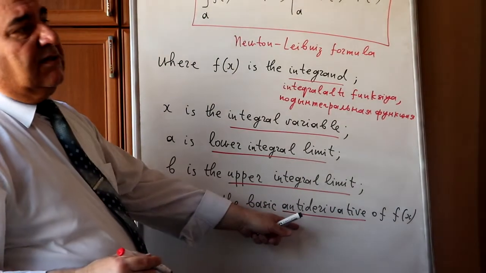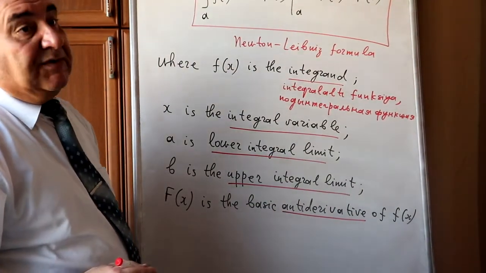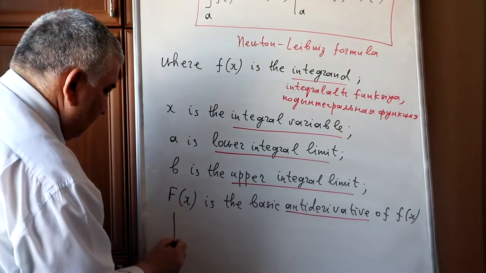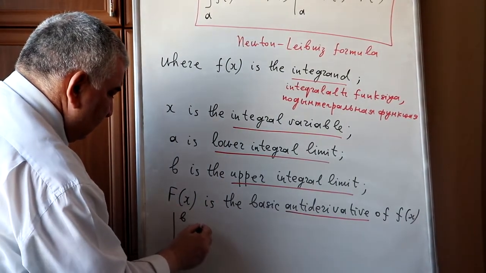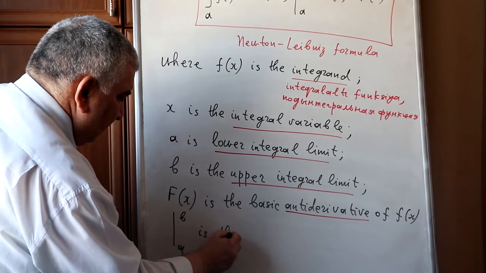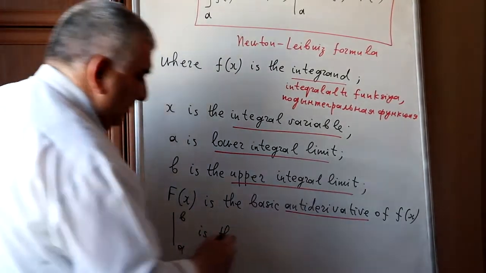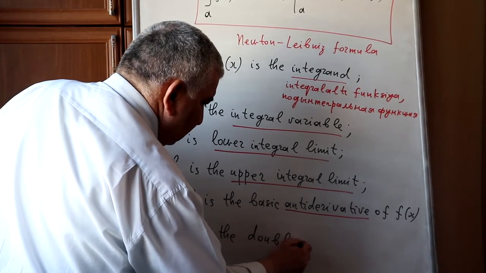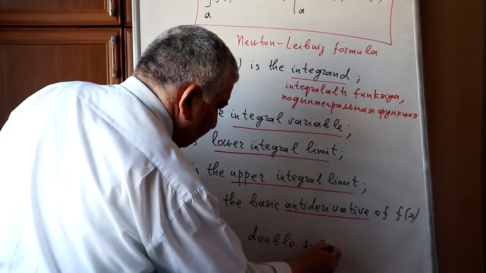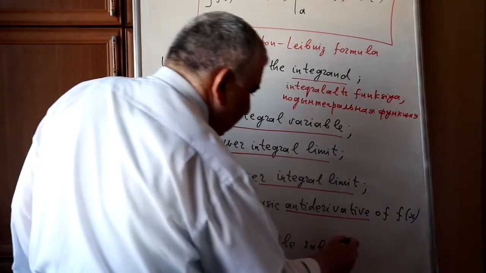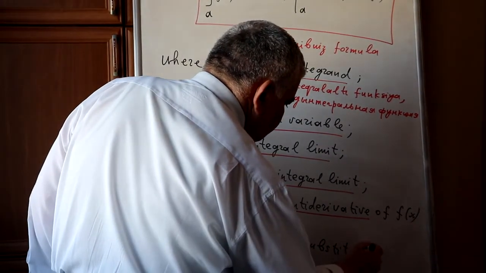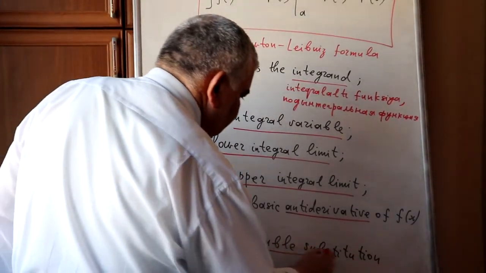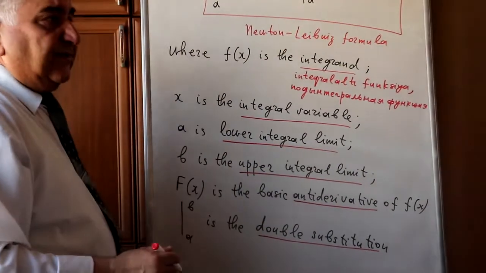In Russian it is первообразная. Then a b is the double substitution. Double substitution, in Russian, двойная подстановка.